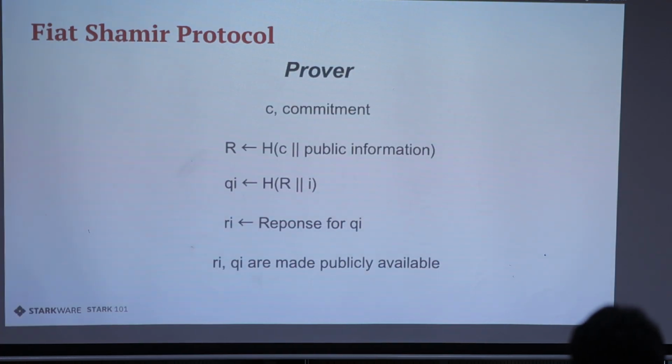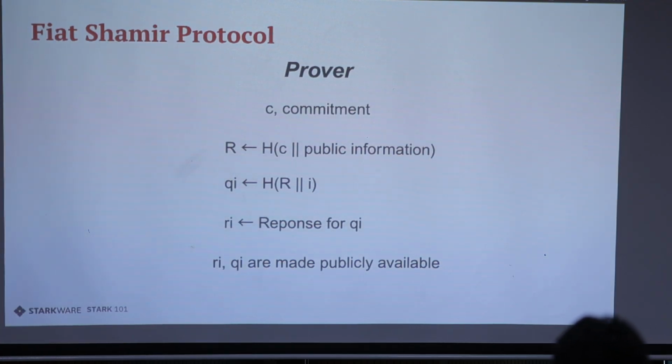Answer is yes. So what this protocol does, and there are many different versions of this, is that the prover has some commitment, and the oracle in this case would be a hash function, the hash function that is publicly known to everybody. So the prover will compute R, which is the hash of C appended with some public information.